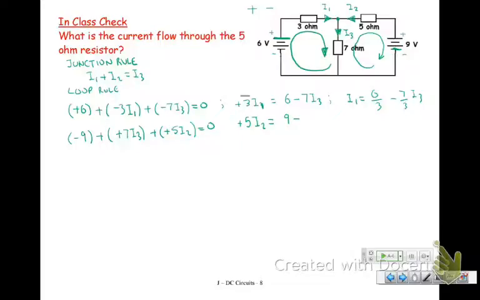Take the 7 I3 to the other side, minus 7 I3. So that gives me that I2 is equal to 9 over 5 minus 7 over 5 I3.